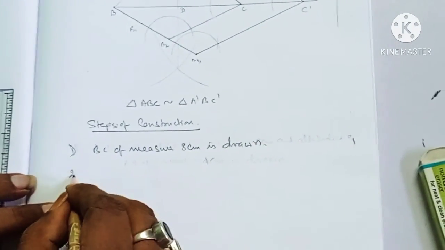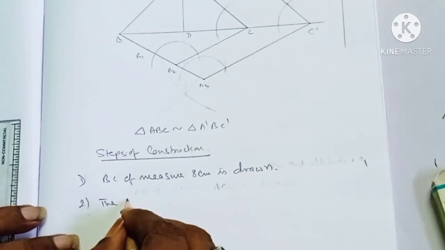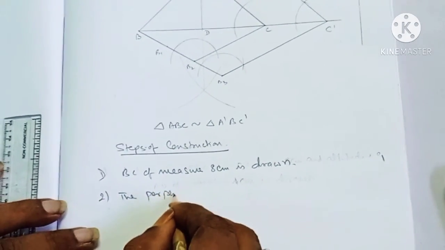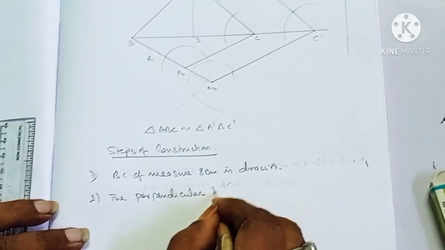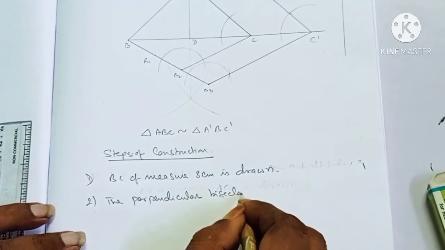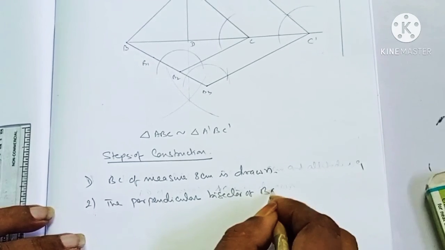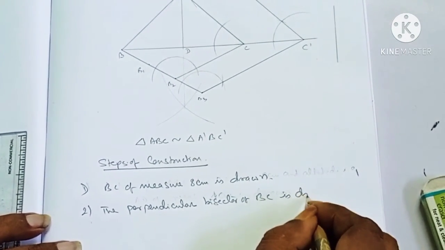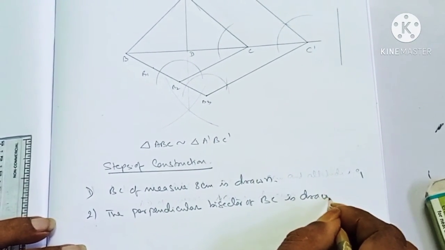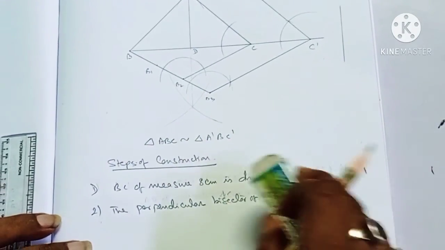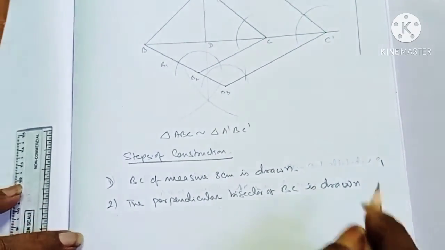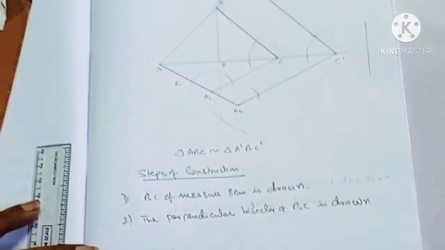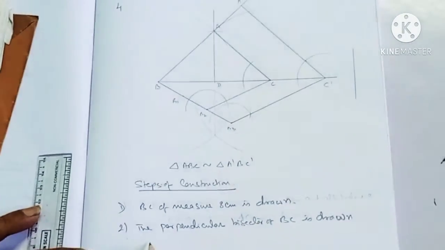The perpendicular bisector of BC is drawn.